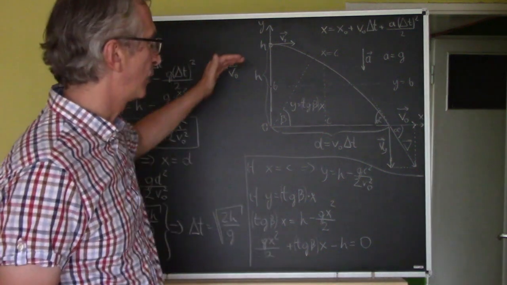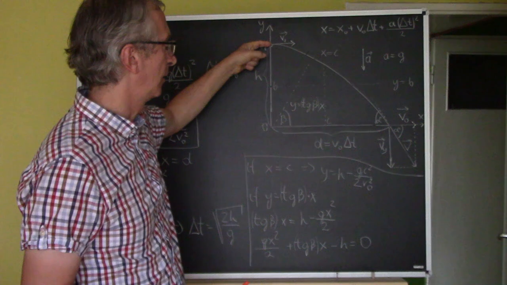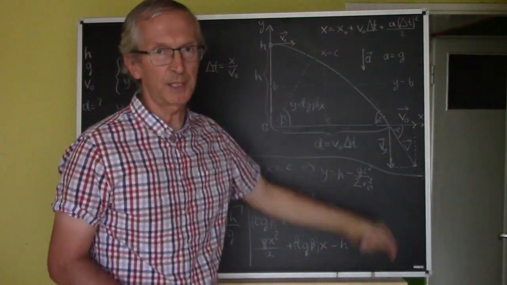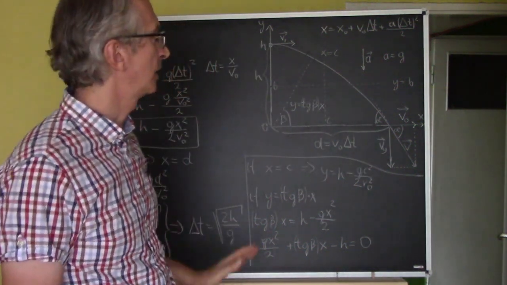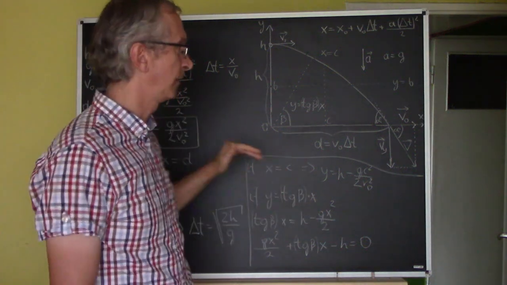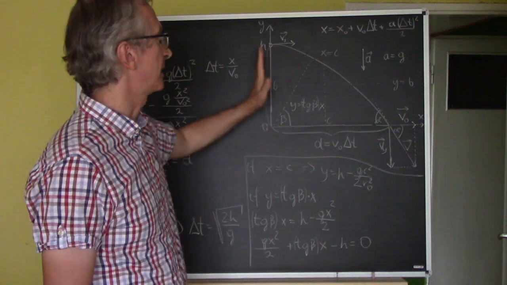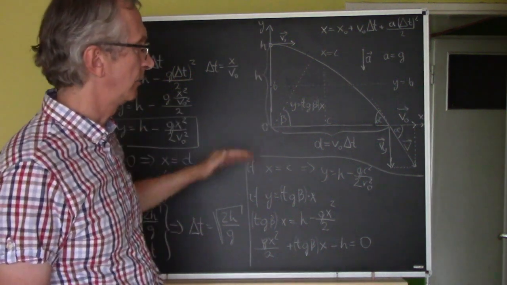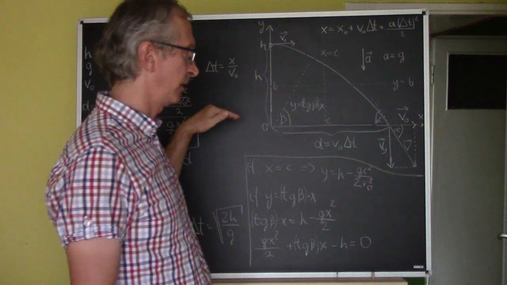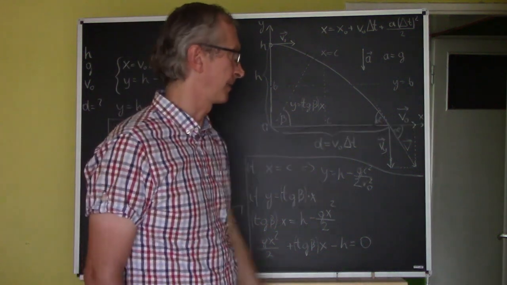To write the equation of the path of the flying body, we'll write the equation of motion for the axis x and the equation of motion for the axis y. Let's start with the equation of motion for the axis x.